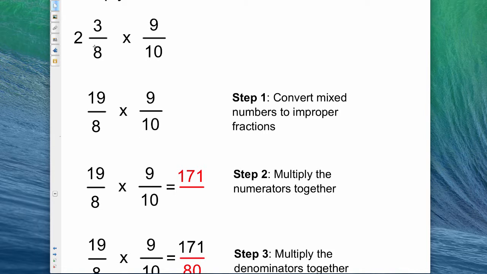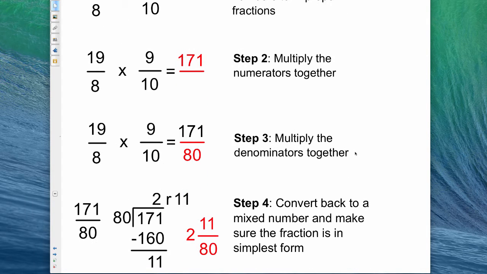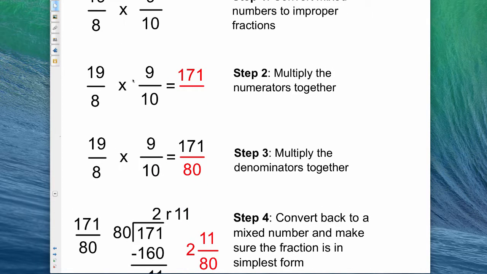So 8 times 2 is 16, plus 3 gets us 19 over 8 times 9/10. Step 2, multiply the numerators together. 19 times 9 gets us 171. In some cases, you may need a calculator to help you with some of the multiplication, or at least to save some time.